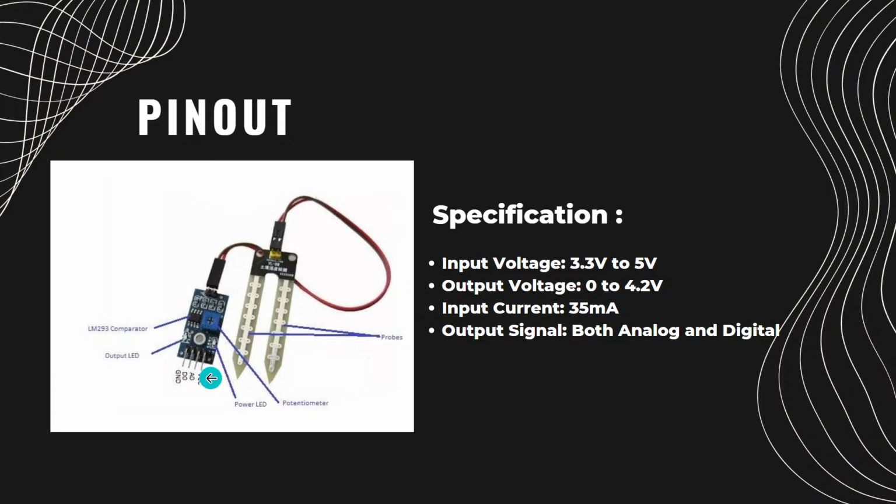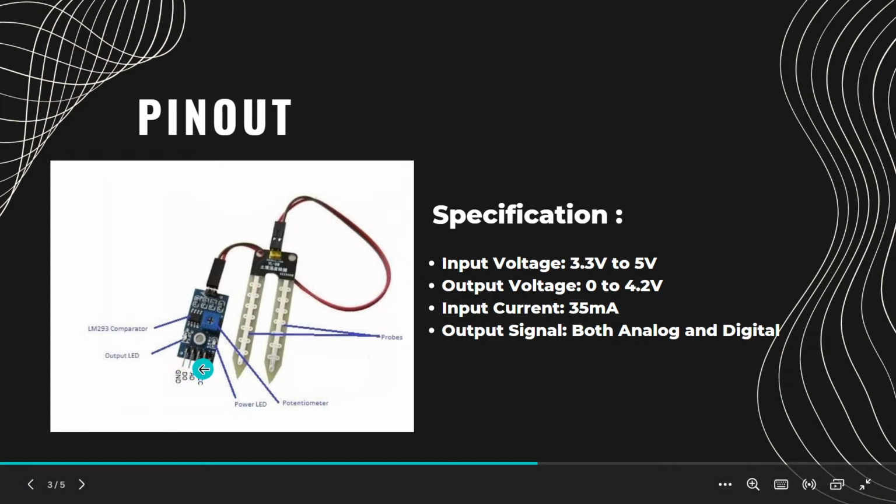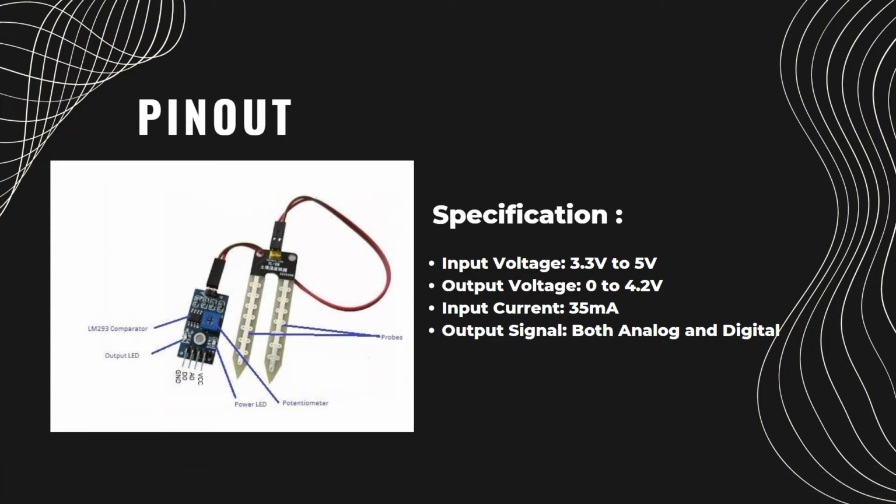And coming to the analog output pin, this pin is the analog output of the sensor. It outputs an analog voltage that is proportional to the moisture level of the soil. The voltage range is typically between 0 volt and the power supply voltage. By measuring the voltage at this pin, you can get a more precise measurement of the soil moisture level.